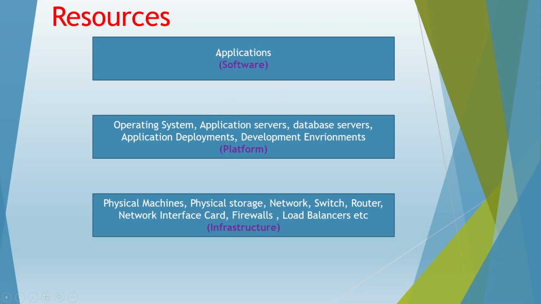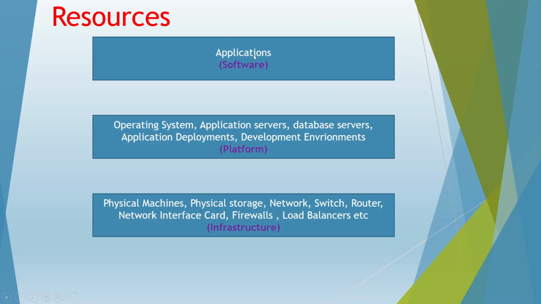Suppose they want to build an email client software or an email server software. They have to build a machine, maintain it, install an operating system, and install the email server software like Exchange Server or any SMTP server as well. So these all act as applications.